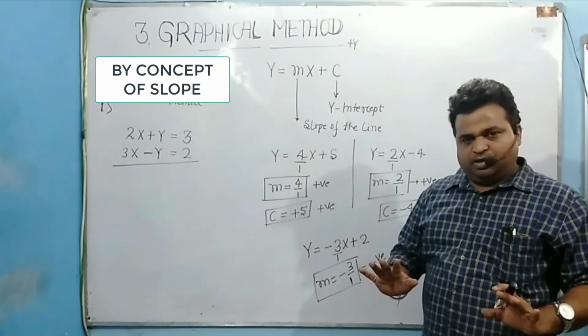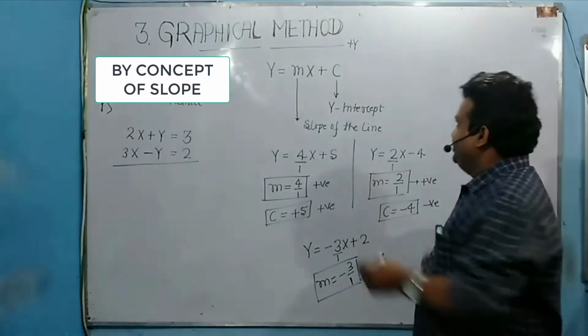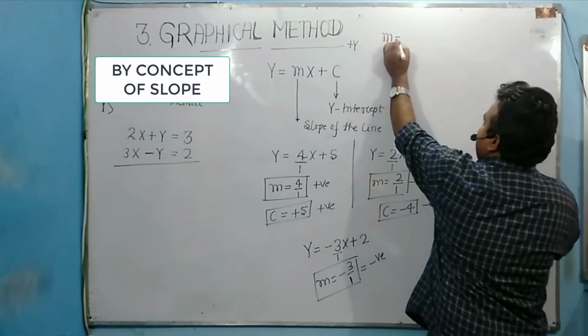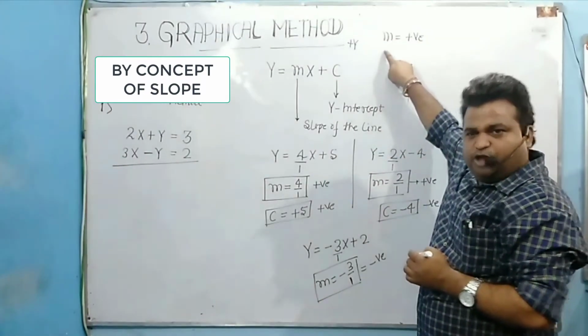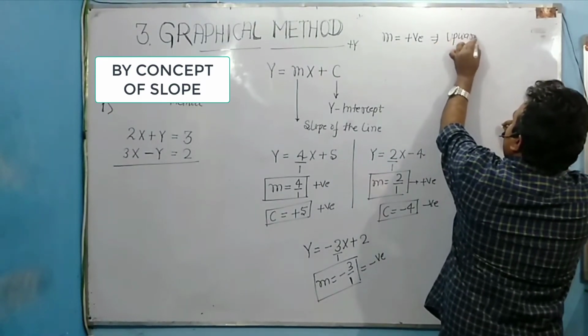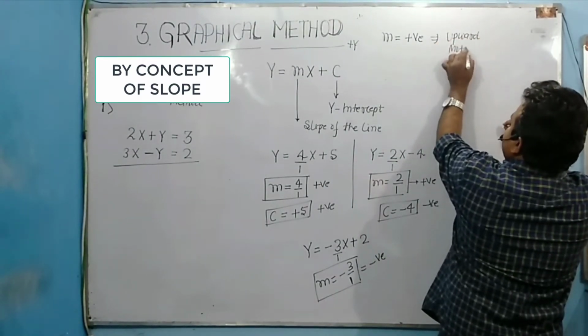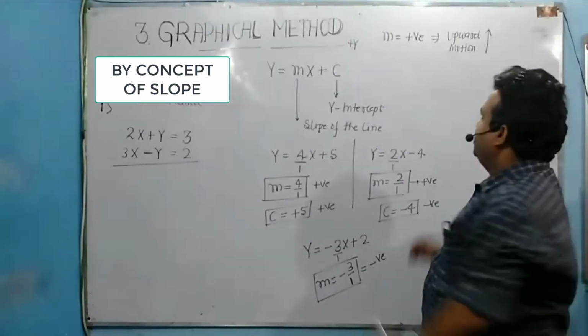But one thing more I want to add. Whenever the m value is positive, it means upward motion. That means you need to go in the upward direction.